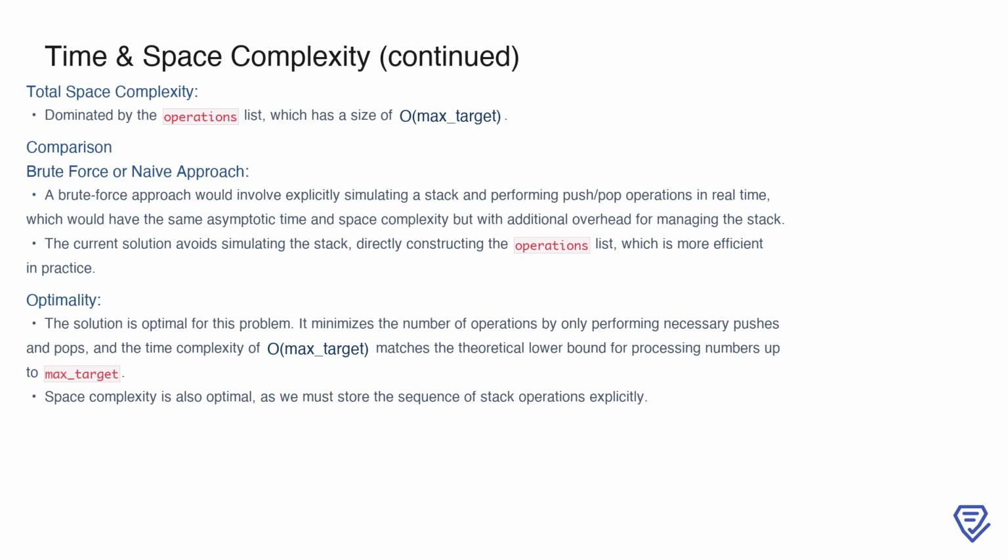Furthermore, the solution is optimal for this problem, as it minimizes the number of operations by performing only the necessary pushes and pops. The time complexity of O(max_target) matches the theoretical lower bound for processing numbers up to max_target, and the space complexity is also optimal because the sequence of stack operations must be stored explicitly.